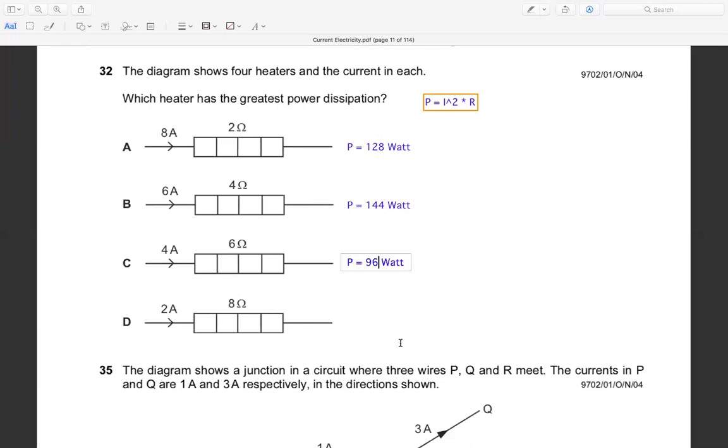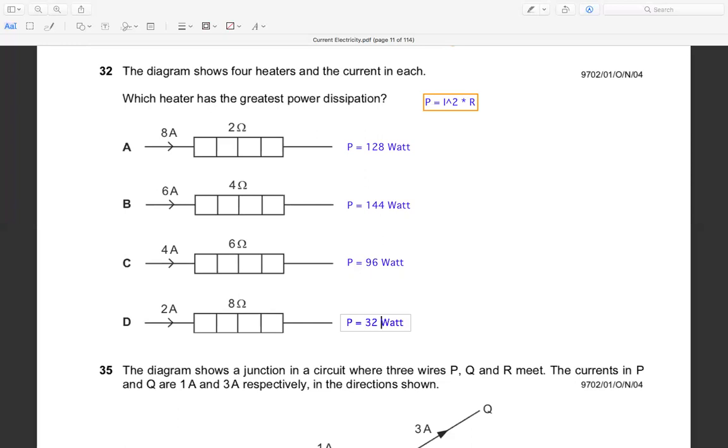Last one, 2 square, 4 times 8 equals to 32.